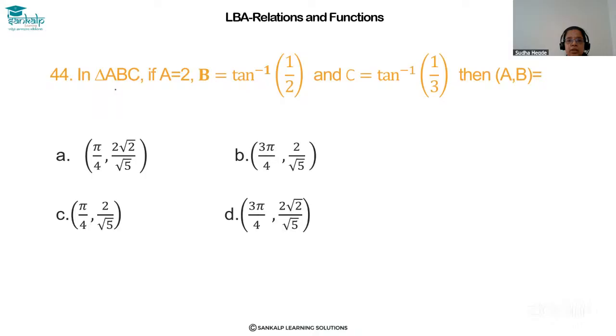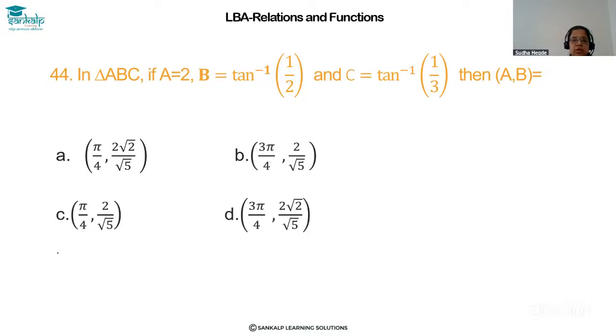Option B, 3 pi by 4, comma 2 by root 5. Option C, pi by 4, comma 2 by root 5. Option D, 3 pi by 4, comma 2 root 2 by root 5. Okay.